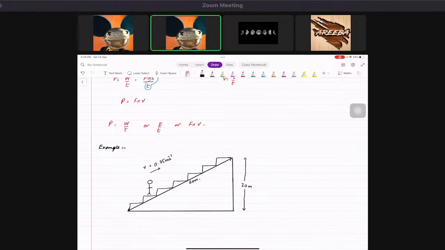Okay. So what they say is that the power needed to overcome friction is 2.0 kilowatt.